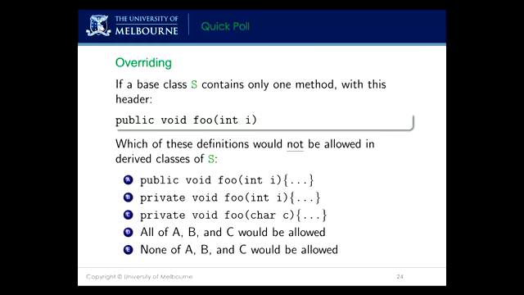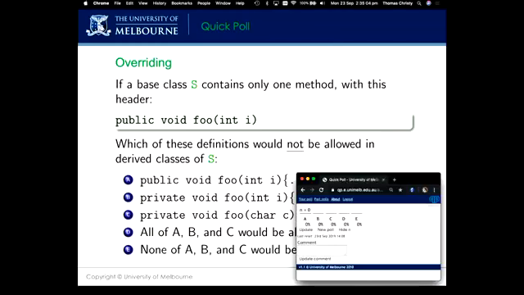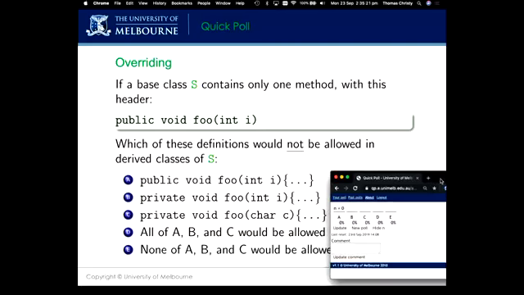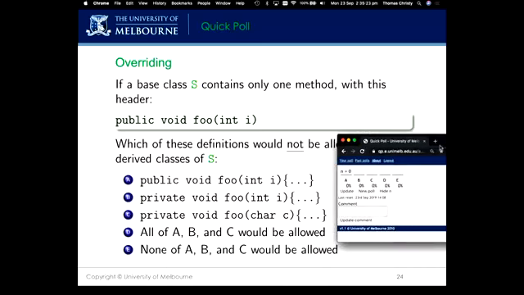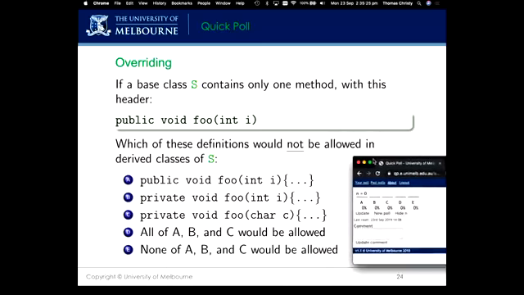Overriding. If the base class S contains only one method with this header here, which of these definitions would not be allowed in the derived class? Let me just move this a little bit out of the way. There we are.